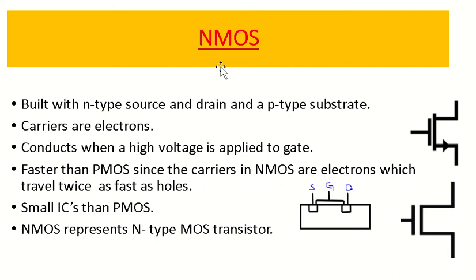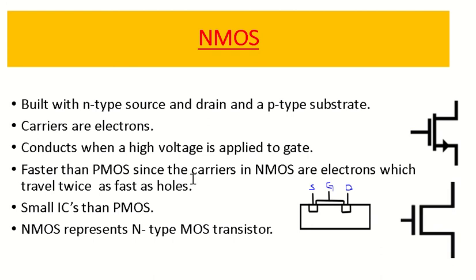To quickly recap, we started with NMOS. In NMOS, the source and drain are made of N-type material with the gate insulated. NMOS stands for N-type metal oxide semiconductor field effect transistor, built with majority carriers being electrons. It is on only when we apply a high voltage at the gate, and it is faster than PMOS, because the majority carriers are electrons.